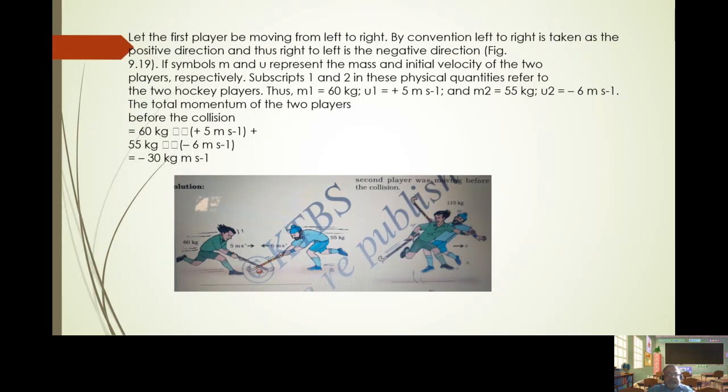The symbols m and u represent the mass and initial velocity of the two players. 1 and 2 in these physical quantities refer to the two players, that is m1 is 60 kg and m2 is equal to 55 kg. Finally, the total momentum of the two players is minus 30 kg meters per second, as shown in the figure.